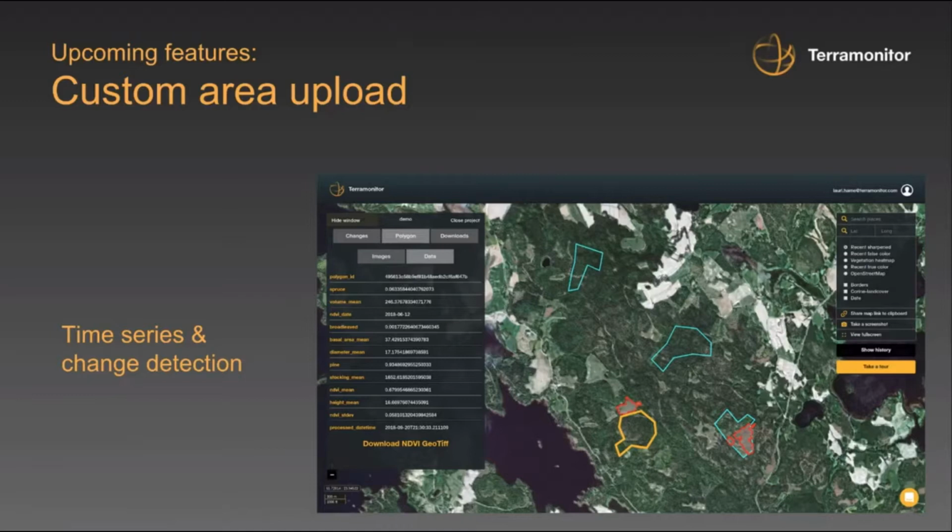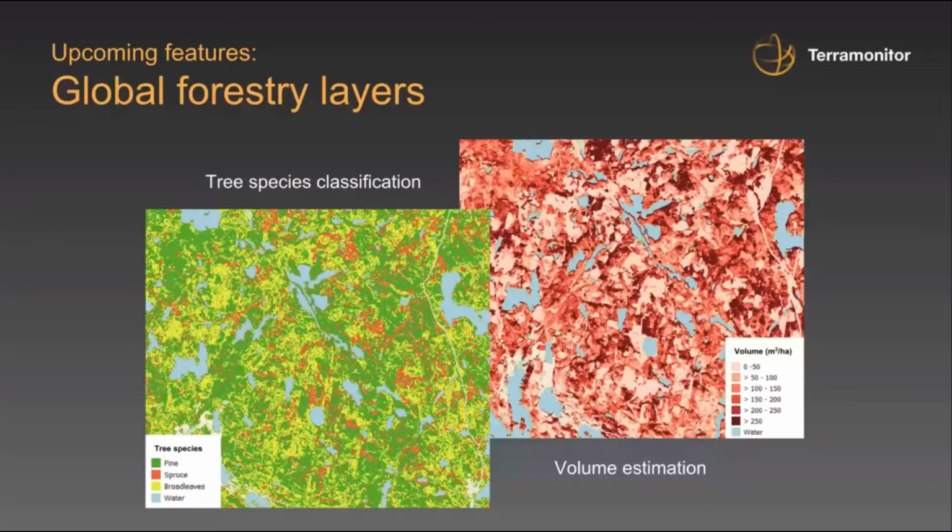After that, you will get the time series, change detection, and analysis features for those areas automatically. Another feature we're working on is forestry specific layers globally. For example, we'll have tree species classification available globally, and also forest volume estimates.